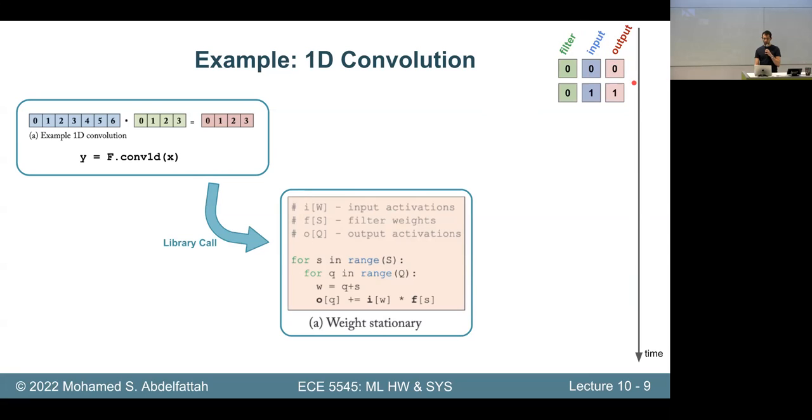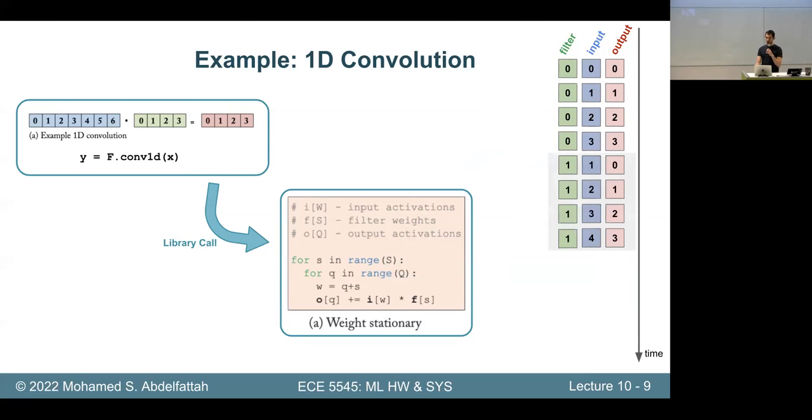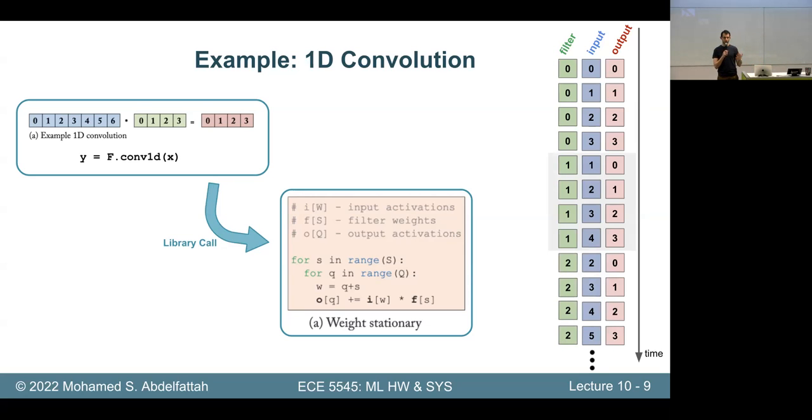And then the weight or the filter stays the same, and then using the inner loop, I go to the next input, and then I write in the next output, at address 1, and I keep doing that until you finish the iterations of the inner loop, and then you go to a new iteration of the outer loop where you go to filter number 1, and then you repeat the same thing, and then filter number 2, and then you repeat the same thing. So the filter here is what's stationary, and so this is weight stationary.